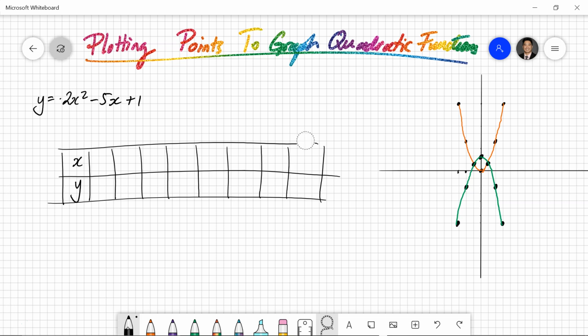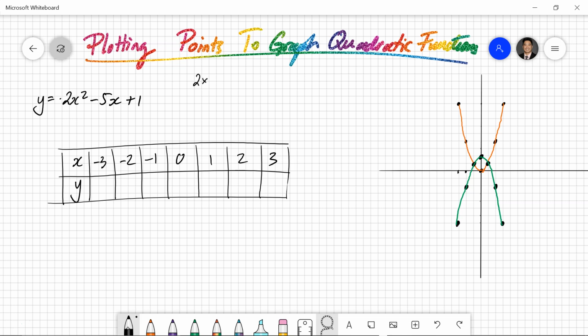We'll have minus 3, minus 2, minus 1, 0, 1, 2, 3 as our values. We're going to substitute x into our equation up on the top as per normal. So we'll do the same thing here.